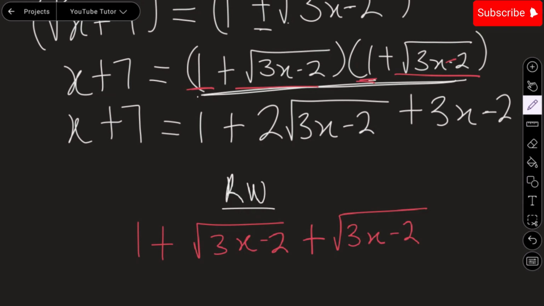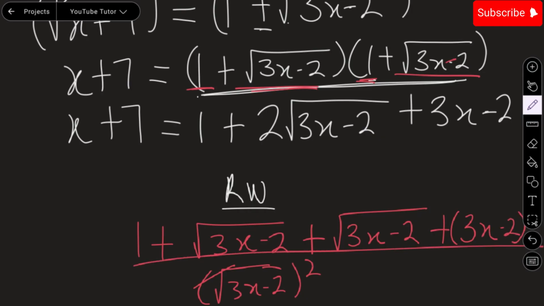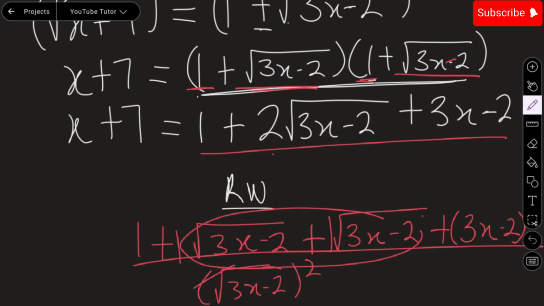Then finally, root of 3x minus 2 squared, and the square cancels the root, so we are left with 3x minus 2. If you compare it here, you can see that they are the same. There's 1 here and 1 here, that's why we got 1 plus 1, 2. Because they are like terms, we maintain one of it.